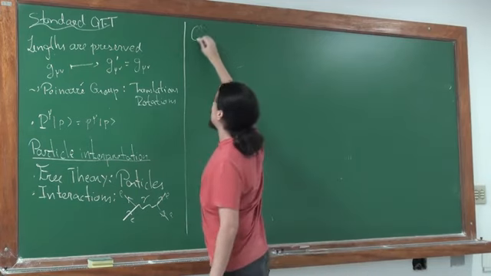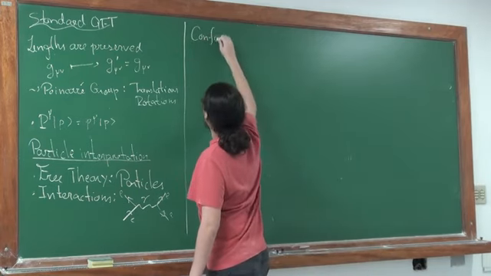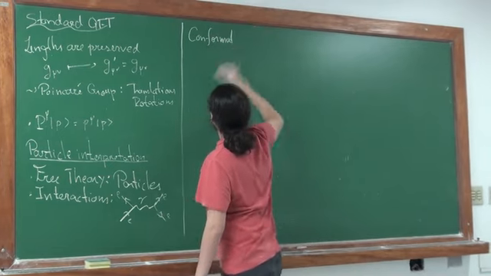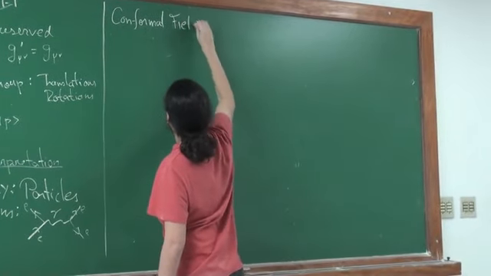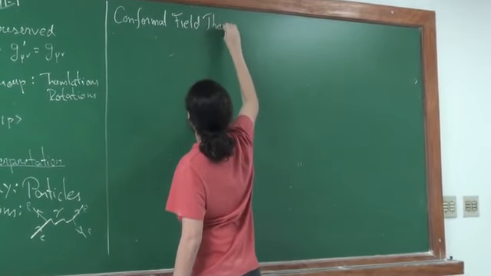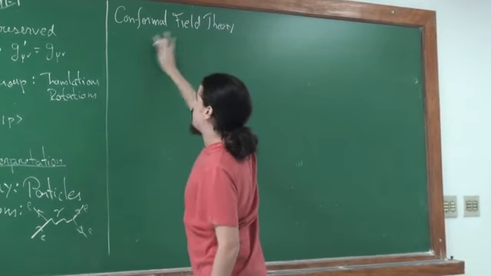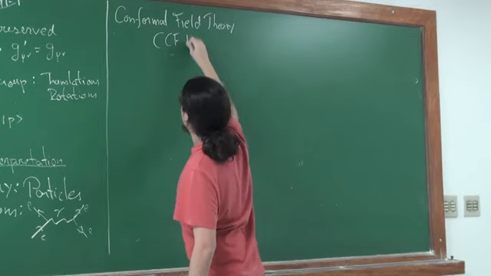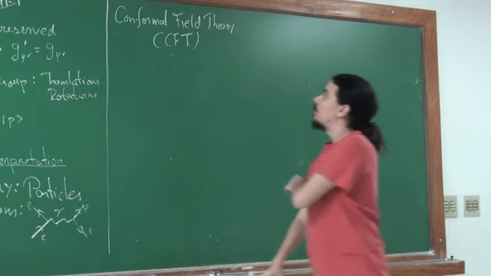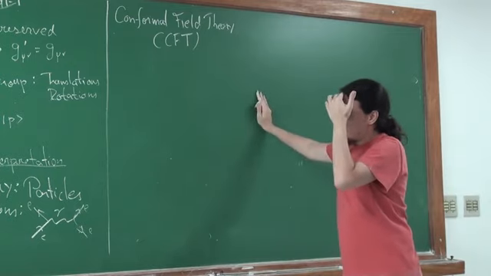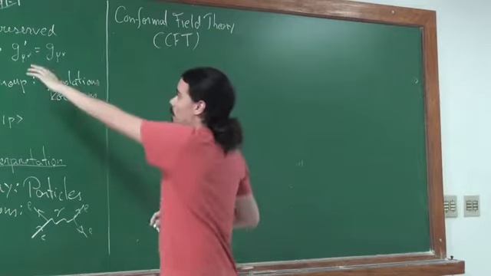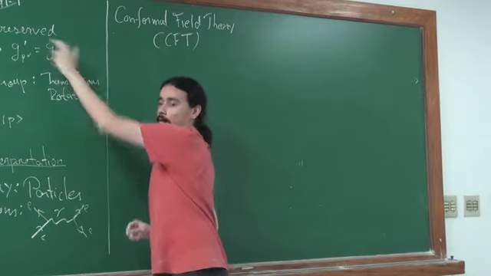For conformal field theory, and from now on I will just write CFT, there is one major difference. What do we demand?